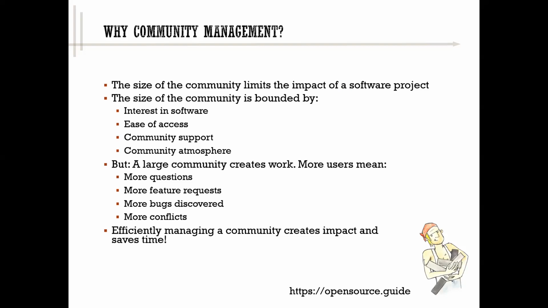And the size of the community is, of course, bounded. It will depend on the application of the software. If you have a very specific target area for a software, you cannot expect everyone on the planet to use it. But it also depends on how easy it is to use the software. It also depends on how much support exists for using that software. And it depends on how welcome people feel in the community around that software. So these are points that could be improved.